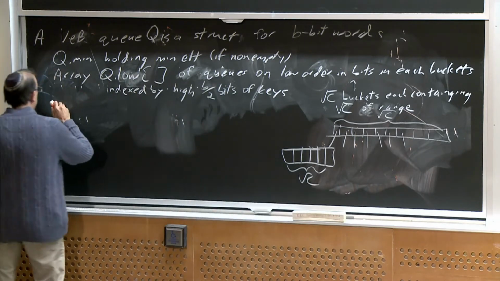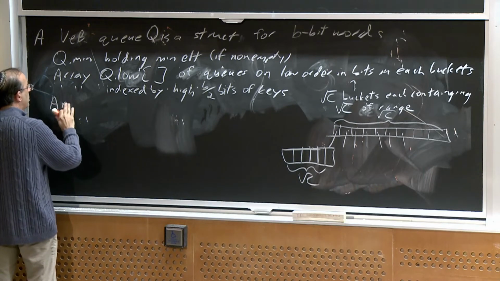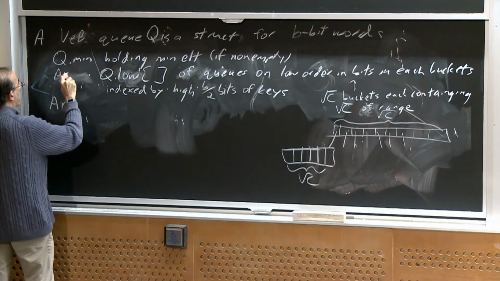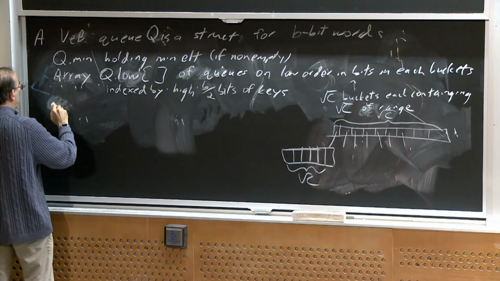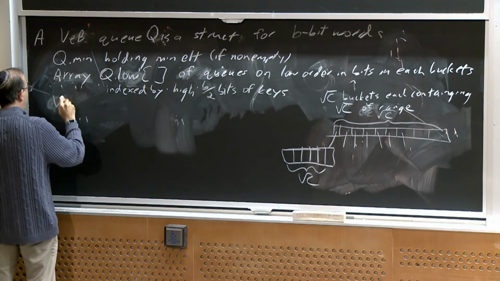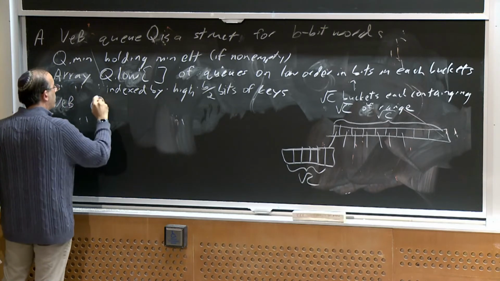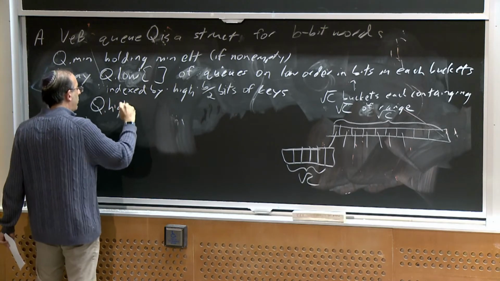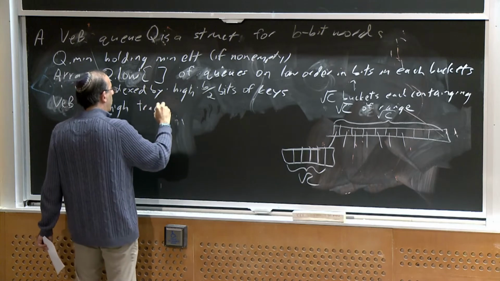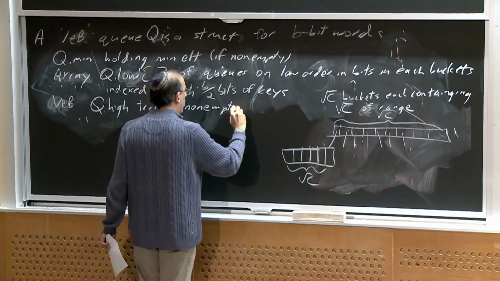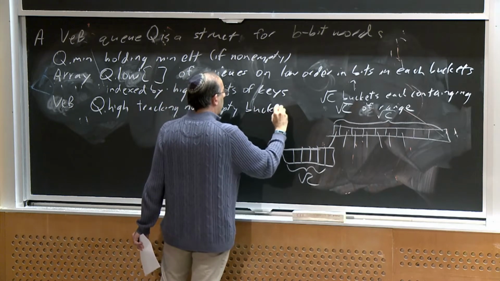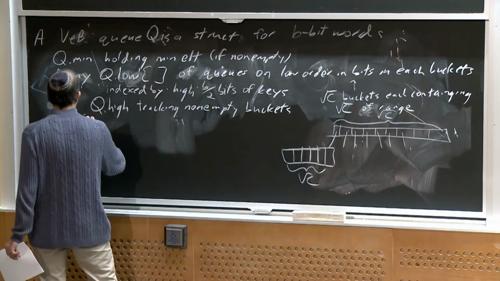And then we also use, whoopsie, yes, this is an array. And then we are also going to have a Van Emde Boas queue called q.high, tracking the non-empty buckets of the top of the array.